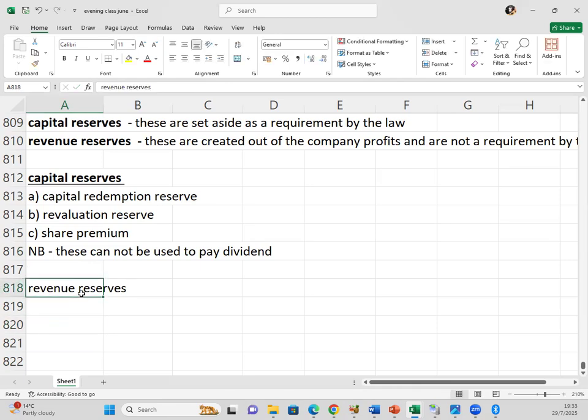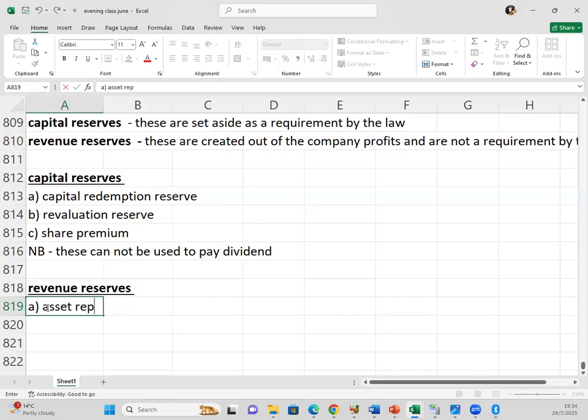So for the revenue reserves, we can have the asset replacement reserve. So we are keeping aside money so that we can use that money to replace the assets. We also have the general reserve. We can also have the retained profit.